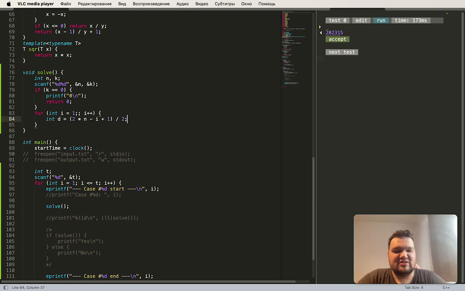Divided by 2 rounded down. Well, we should just check that it works for 1 and 2. For 1 it will be n, and for 2 it will be less than n. It will be 2n minus 2 plus 1 divided by 2, so it's n minus 1.